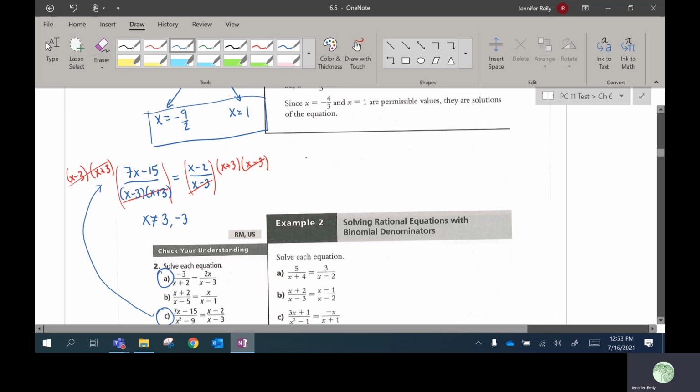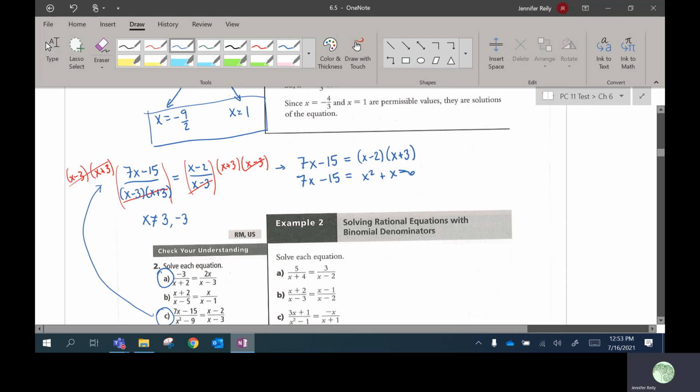So on the left side, because everything in the denominator got canceled, I'll just have 7x minus 15. And on the right-hand side, I have x minus 2 times x plus 3. Okay. I will need to FOIL this out now. So I'll have 7x minus 15 equals x squared plus x minus 6.